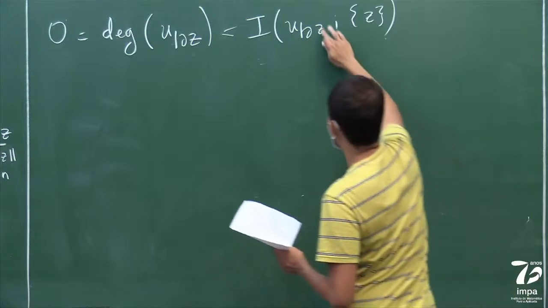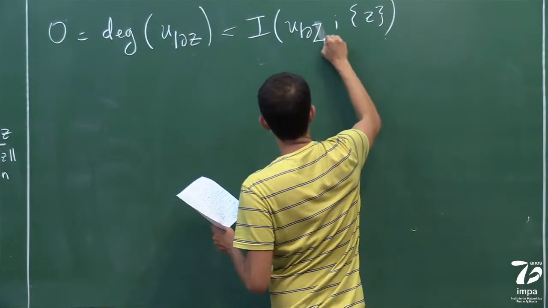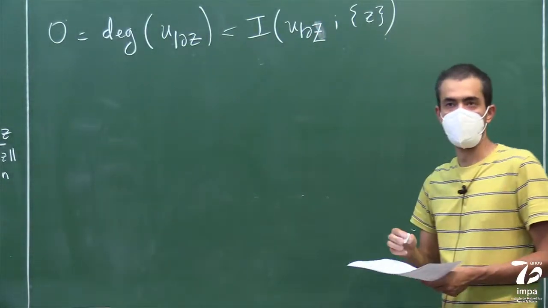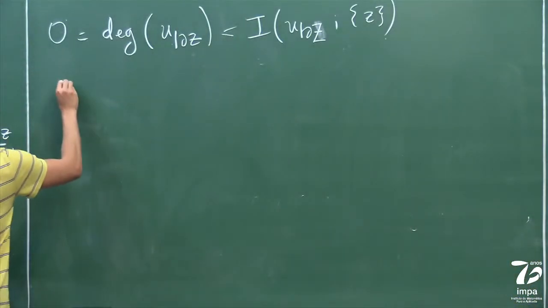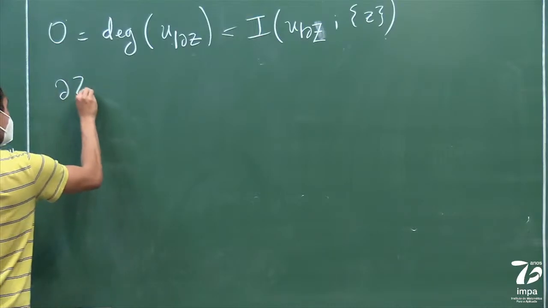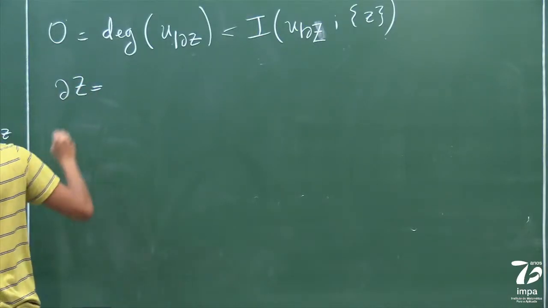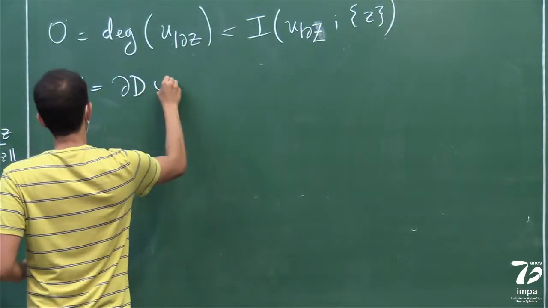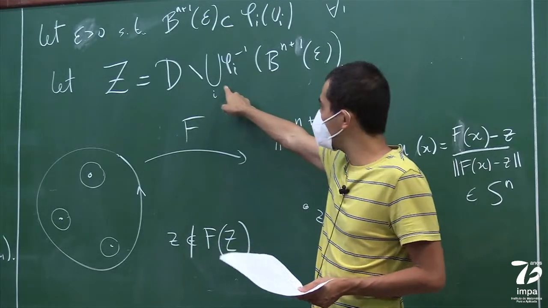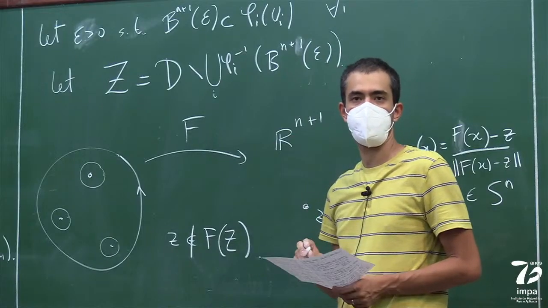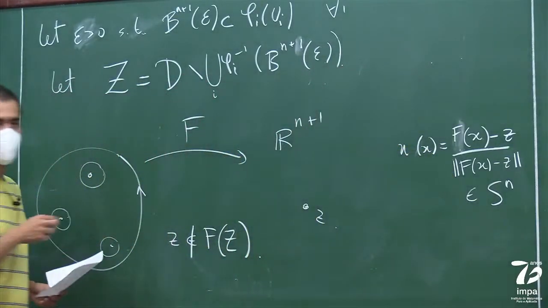Okay, so this is capital Z, and this is little z. Okay, so the nice thing now is, what is the boundary of Z? The boundary of Z is the boundary of D union the boundary of these balls, but actually they come with a negative sign, with respect to the usual orientation.